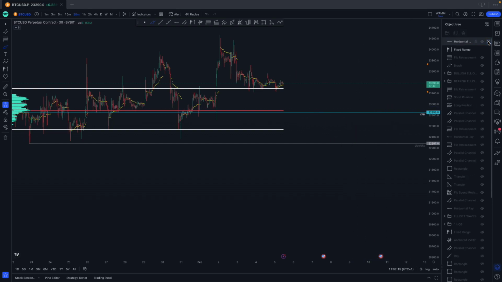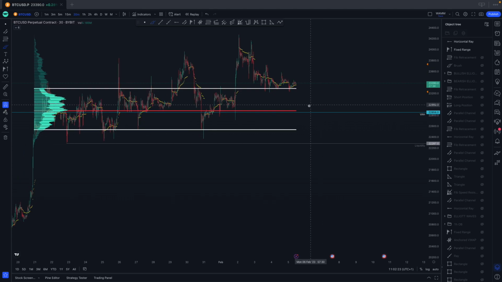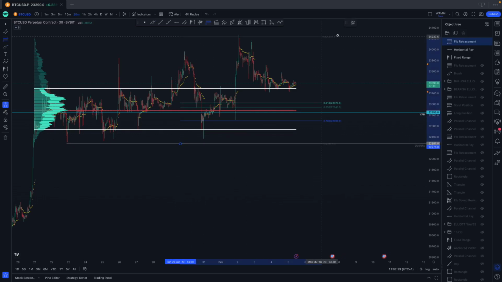Right now I would not really be trading off of this level, but on the other hand, we still have the point of control here, so it is important. And when we take the Fibonacci golden pocket, we have the golden pocket a little bit lower, and then the point of control.